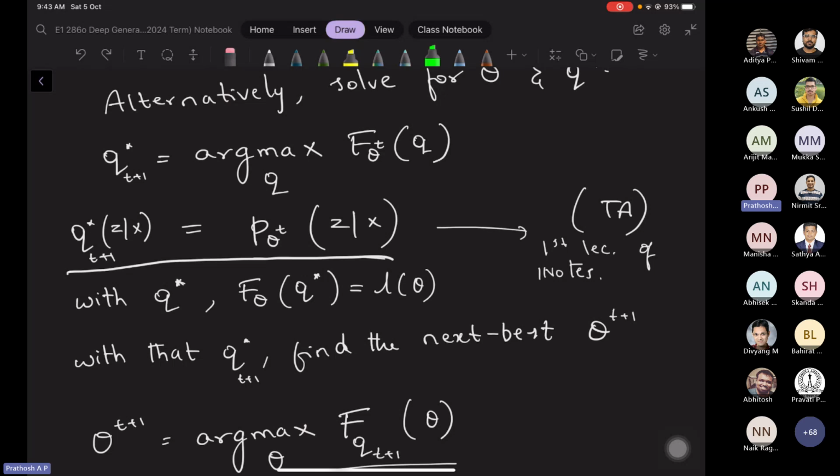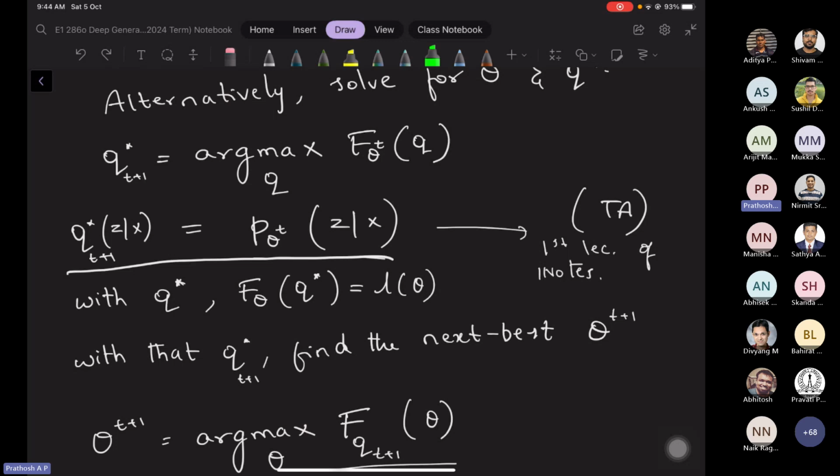That is the best value that it can assume. That would happen if the choice of q that you have made for a given theta is p of z given x. So if q is fixed to be p theta of z given x, then that is the best estimate for q.